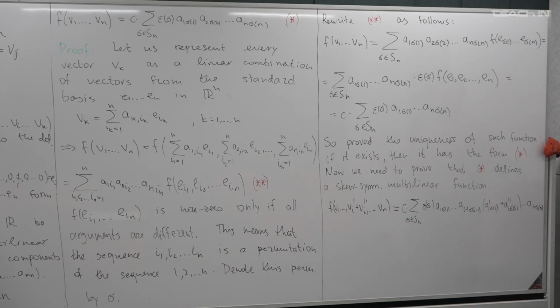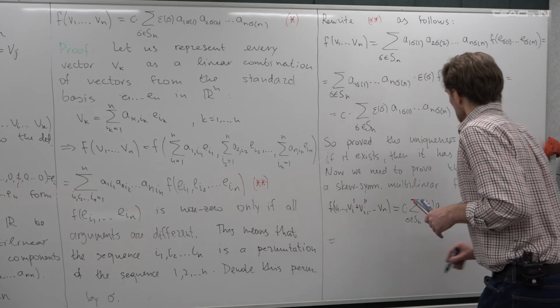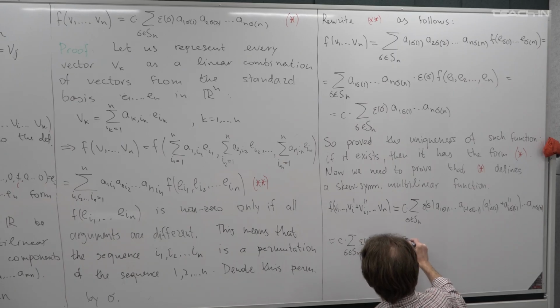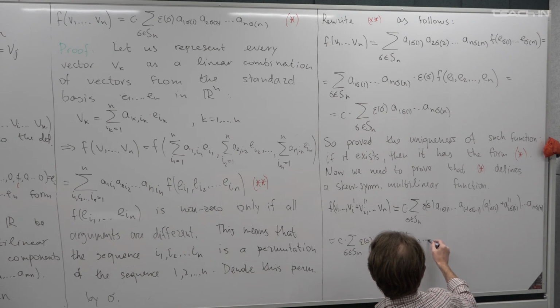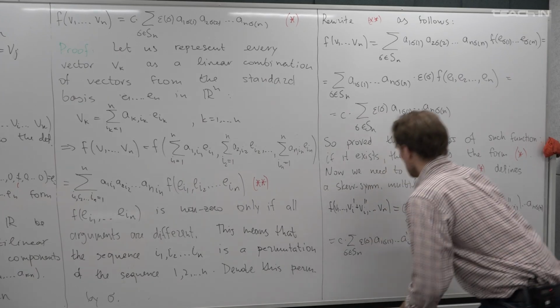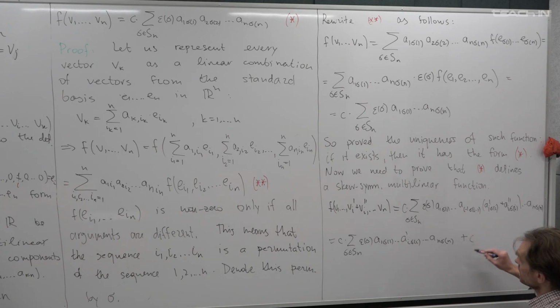Okay, and so we can expand this product, and so obviously we get c multiplied by the sum over all permutations of epsilon of sigma multiplied by a1 sigma of 1, etc., a prime I sigma of I, etc., a n sigma of n, plus the same sum corresponding to the second term.